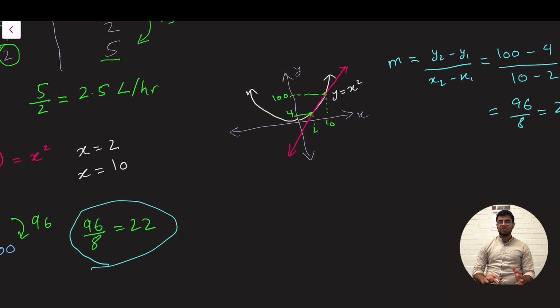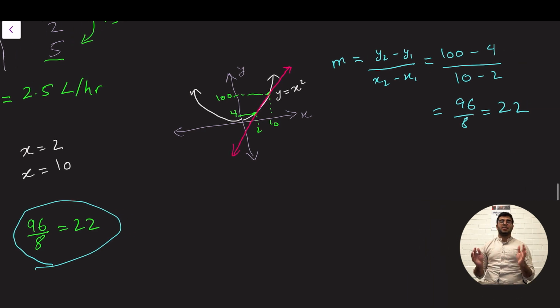Okay, now this is no coincidence. It's actually a fact that the average rate of change between 2 points of a function, any function, is simply the slope of the line connecting those 2 points on a function. Okay, I'll write that down.